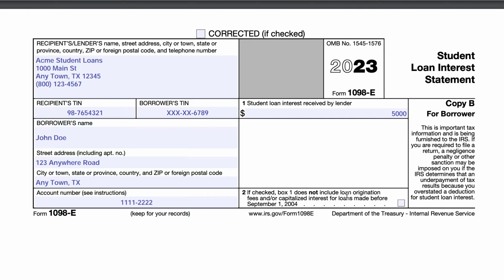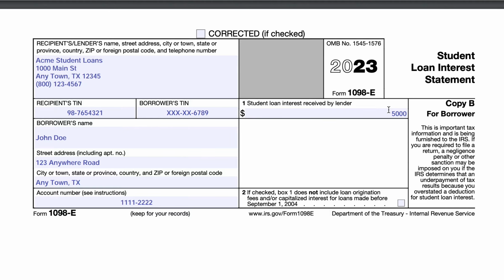So generally speaking, what this means is for some older student loans, i.e. student loans that were originated before September 1st, 2004, anything that was a loan origination fee or capitalized interest is not included in this box 1.